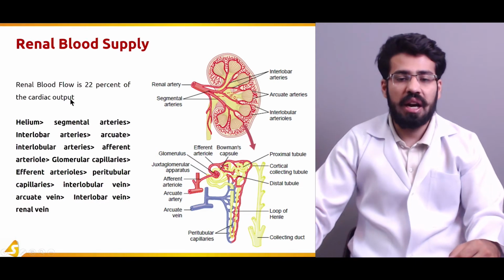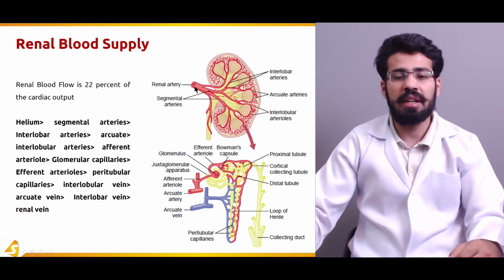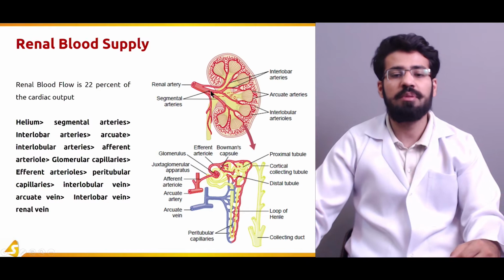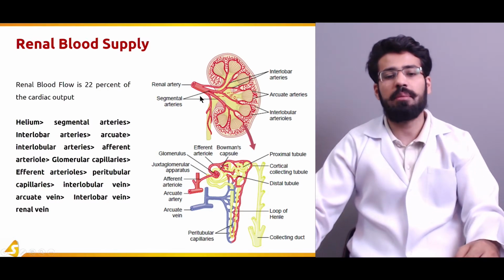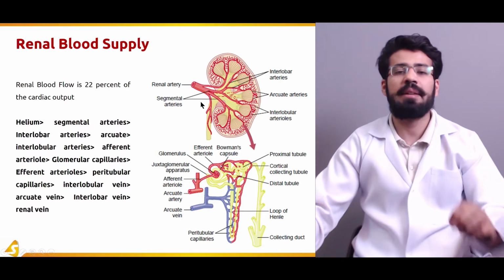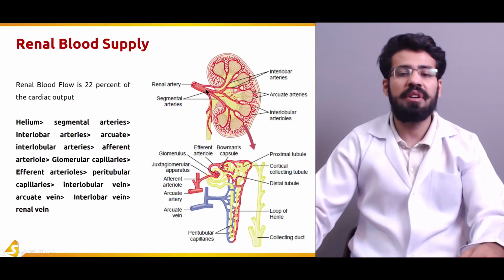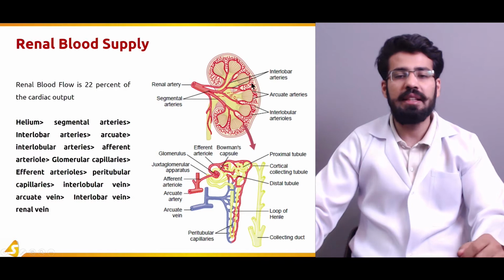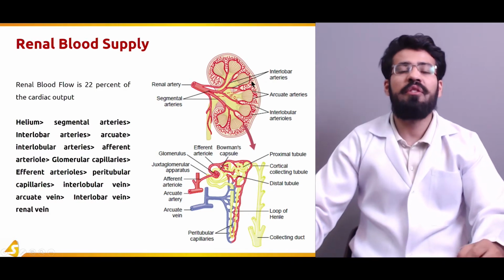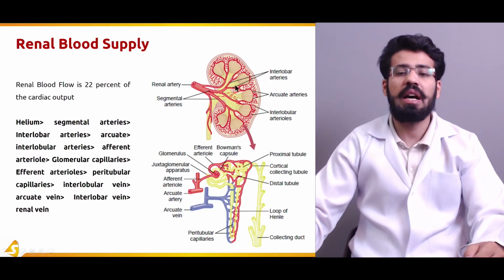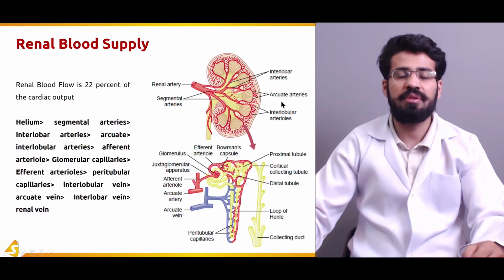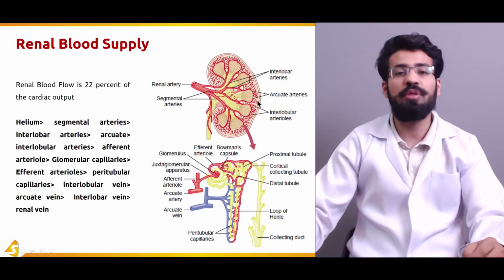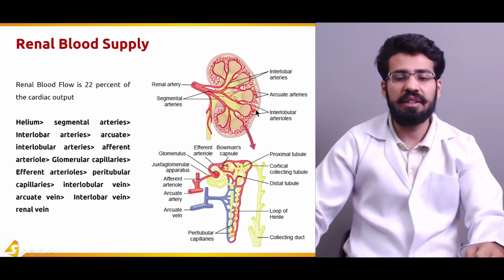So in case of the arteries, the renal arteries come in at the hilum section. They are bifurcated or divided into segmental arteries. Each segmental artery then further subdivides into interlobar arteries. These interlobar arteries then further subdivide into arcuate arteries, which further subdivide into the interlobular arteries.